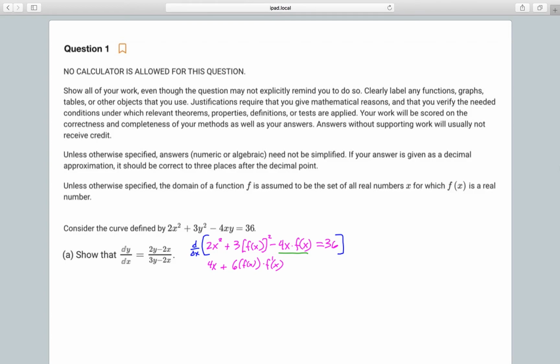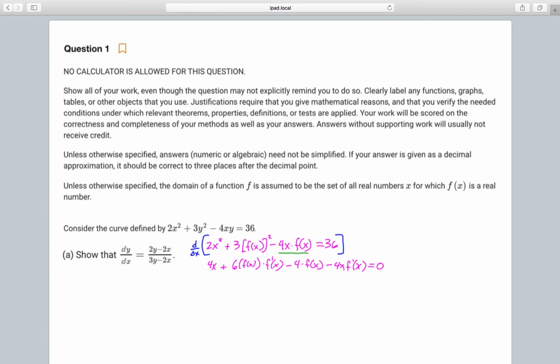So let's do minus 4 times f of x. So that's the derivative of the first term. And then it would be plus negative 4x, so I'm still just going to do minus 4 f prime. And that's going to be equal to 0. The derivative of a constant is 0.